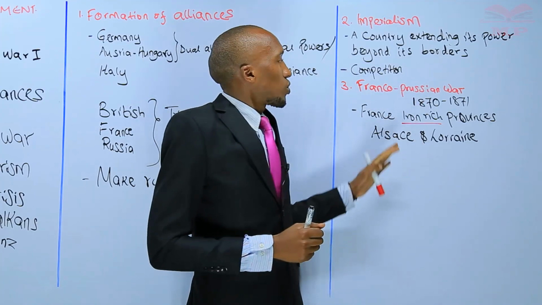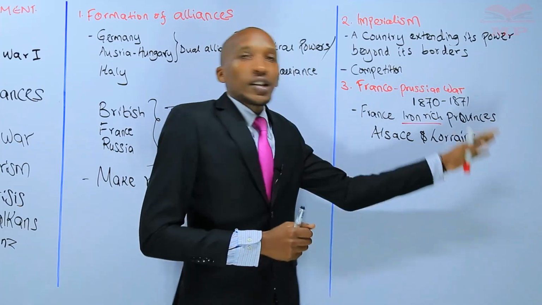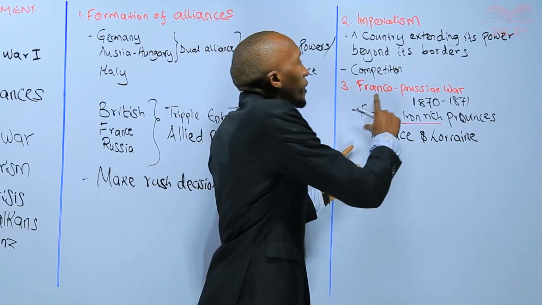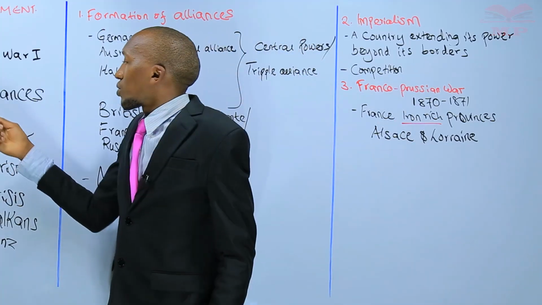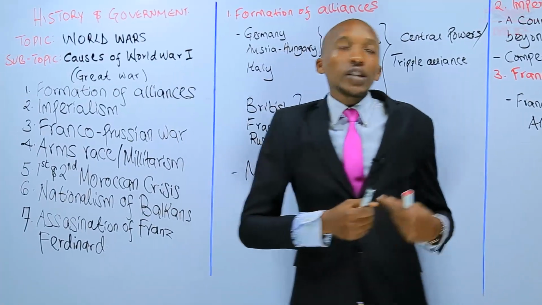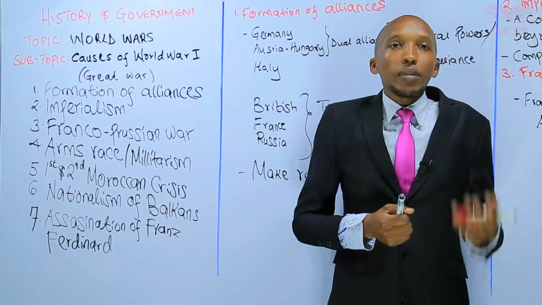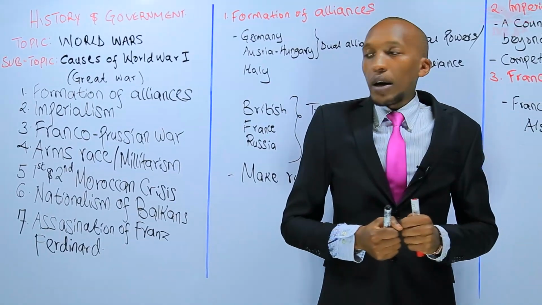So my dear learners, you could go and find some more information, but that is the basic of how the Franco-Prussian War resulted to the World War, because now France has to compete against Germany, which has taken two of its richest provinces.